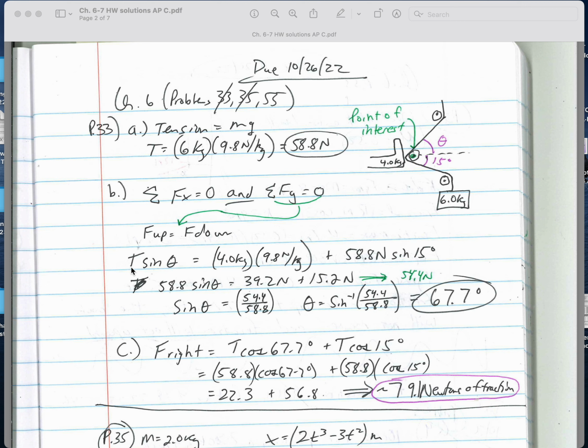So I've got force up is T sine theta, and I don't know what theta is. Force down, mg of the foot, and the tension times the sine of 15 degrees, which is the vertical component of this. So you get 58.8 sine theta equals 54.4. Do some rearranging algebraically. Inverse sine of 54.4 over 58.8, and that's a 67.7 degree angle.